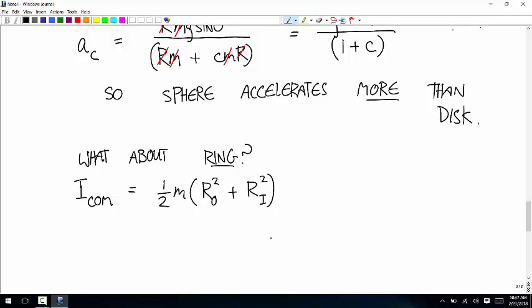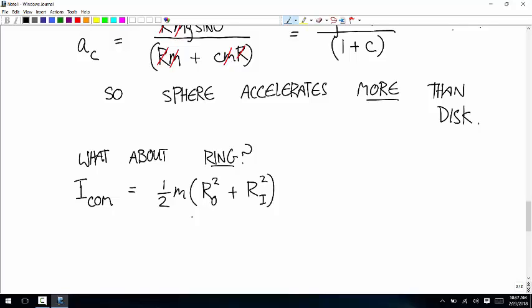You can't. It's exactly the same. So this formula works for a hollow tube too. And so to get the value of that constant C for a ring, you just have to know what the ratio is between these.